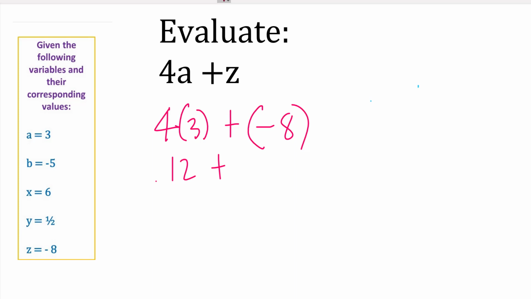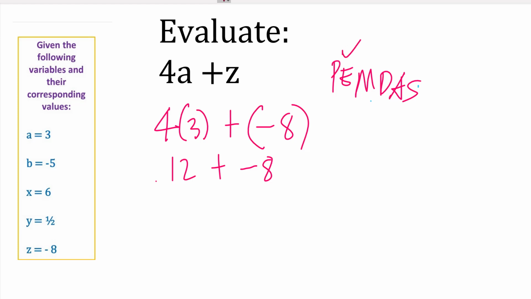So if we simplify, given the values of a and z, this will be 12 plus -8. Now remember our PEMDAS. You do the parentheses first, and then the exponents, and then multiplication, division, addition, subtraction.